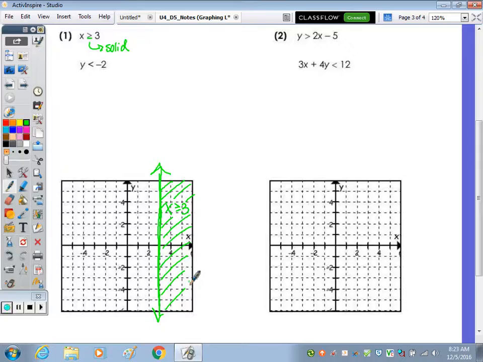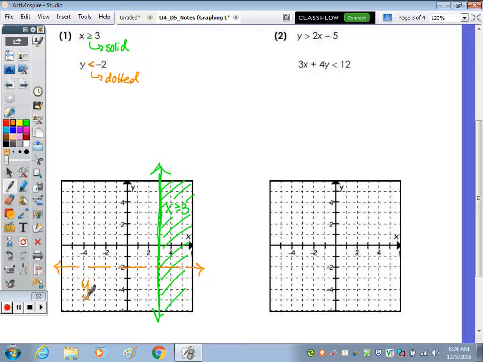The next one I'll do in orange. Y less than, no equal to, so that means this is going to be dotted. And y equals negative 2 is a horizontal line, so I'm going to draw a horizontal line dotted. Okay, and all those y values less than are below.